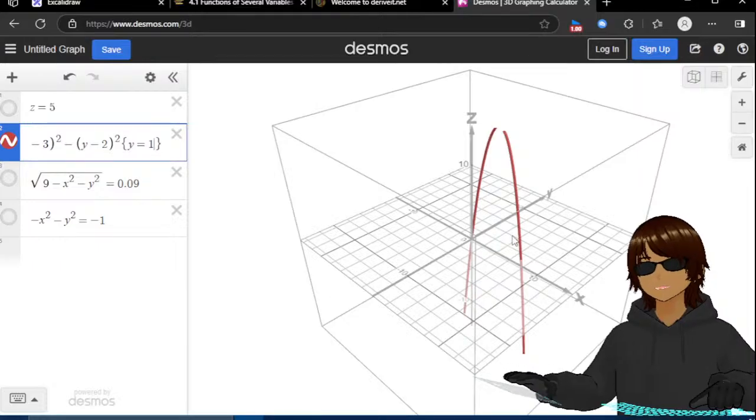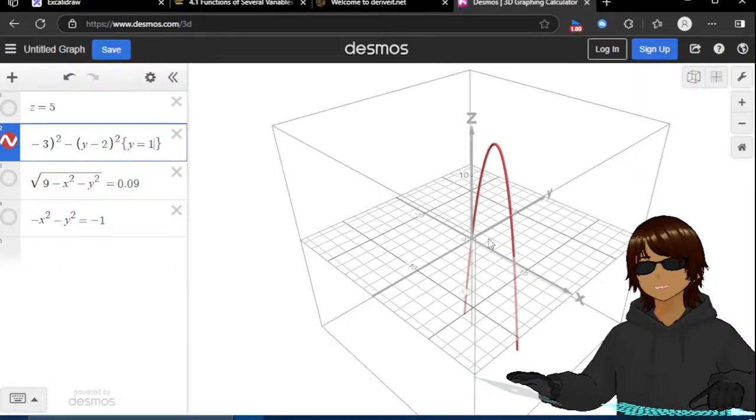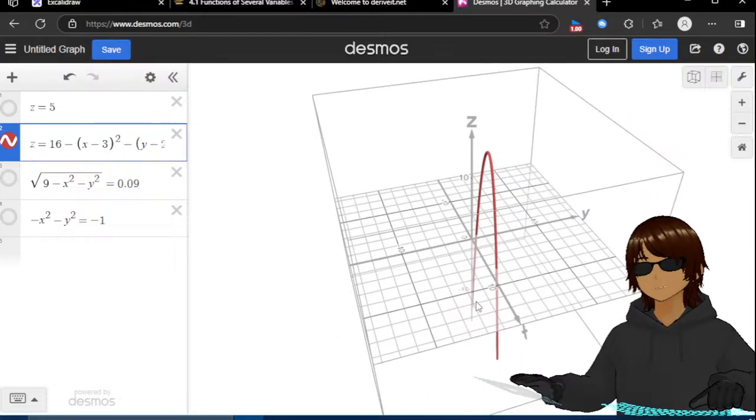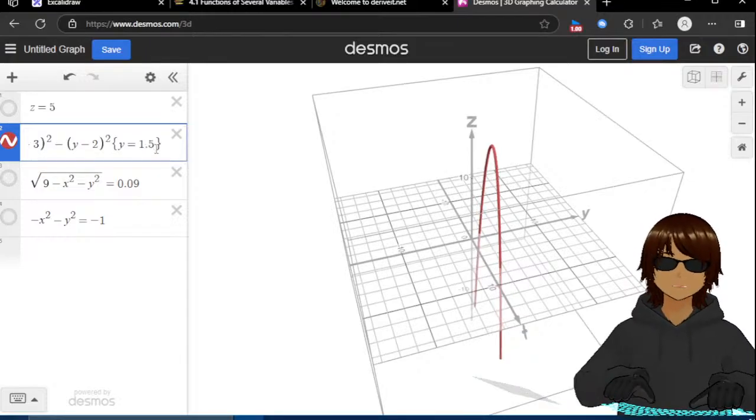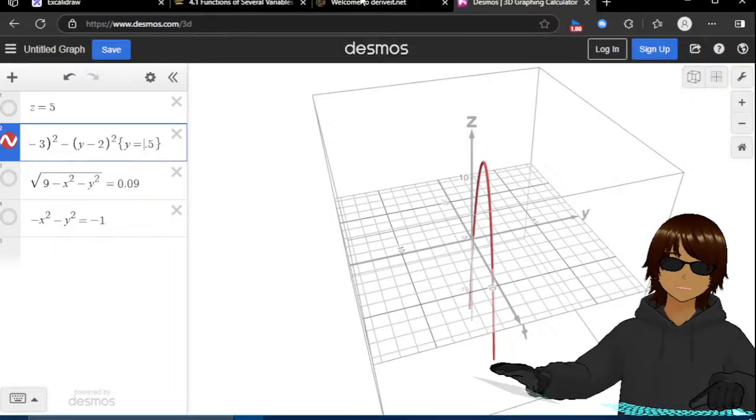I think this is what they mean by vertical trace. We have like one slice of the entire graph. That slices when y is equal to 1. Can change it to, let's say, 0.5. Yeah.